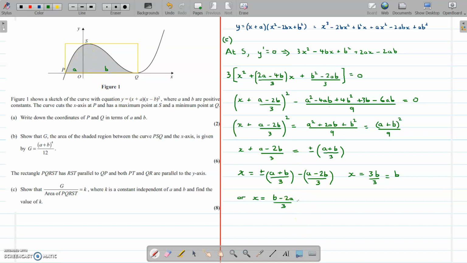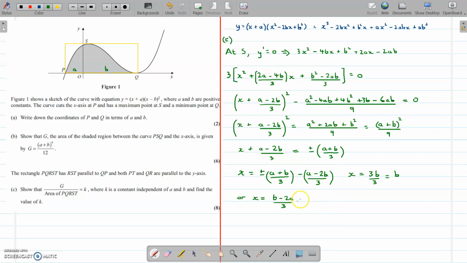Now, we need to find out what the y-coordinate is when that happens. So we need to substitute that value of x into the original expression. So if we go back to here, we've got to replace x with that.